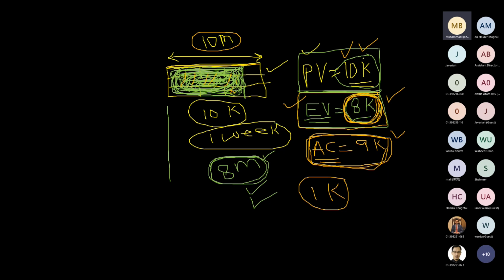Although I haven't spent all of the 10,000 that was planned for this wall, I have completed 8 meters of wall for which I was allowed to spend only 8,000, but unfortunately I spent 9,000 on that. So now I'm still left with 2 meters of wall for which I was allotted a budget of 2,000, but unfortunately I only have 1,000 left out of it because I have consumed one extra thousand in these 8 meters.